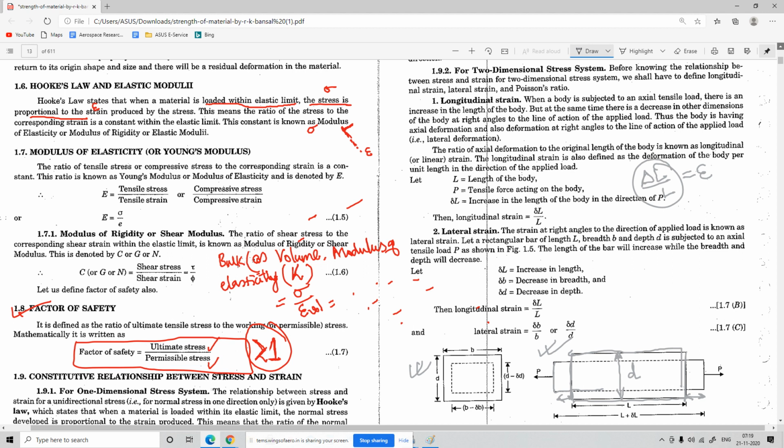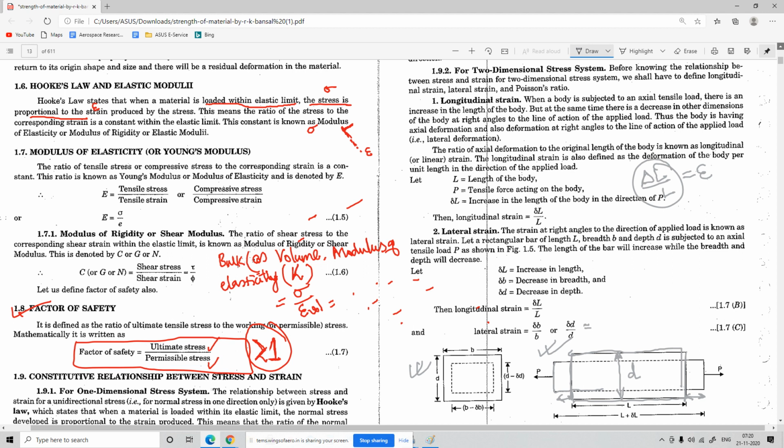Now along the other direction, the lateral direction, the change from the original dimension represents the lateral strain. That says change in depth by the original depth, or if it is circular, change in diameter by the original diameter.